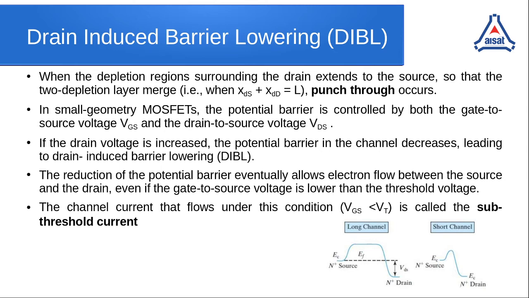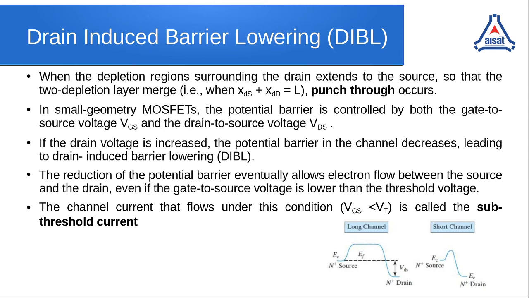Earlier it was controlled by the gate to source voltage, if you remember, which means the threshold voltage is lowered. And this current, the channel current that flows under this condition, even when the VGS is less than the threshold voltage, a current is flowing. Such current is known as the sub-threshold current.